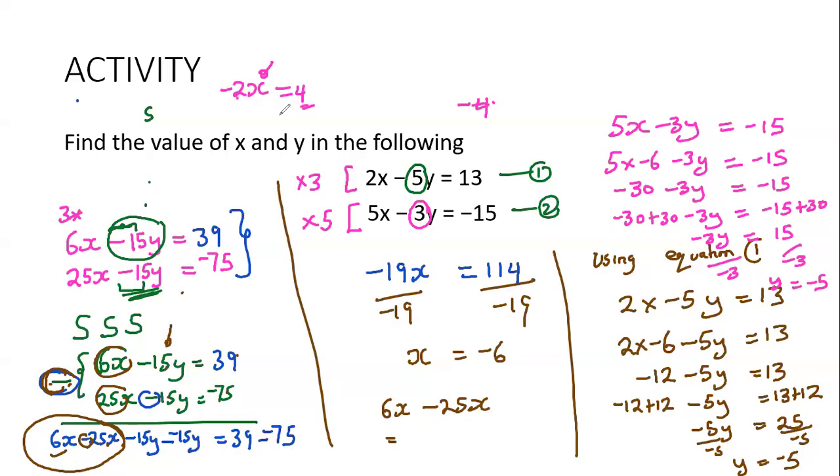It's -2. How did you get that -2? It's the number near the unknown. Okay, let me give you another one. I have -3x equals 12. Which value of x, when you multiply here, you get your answer as 12?